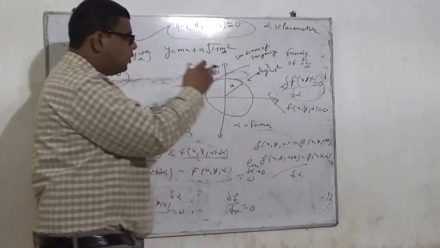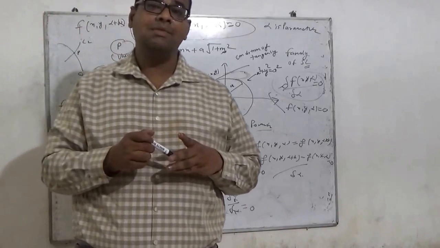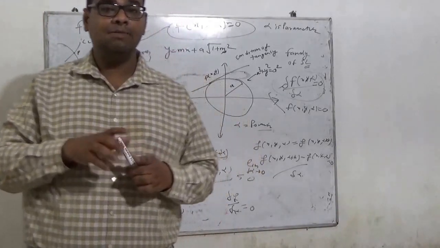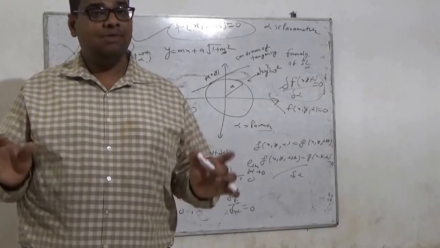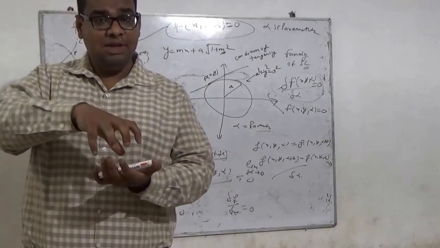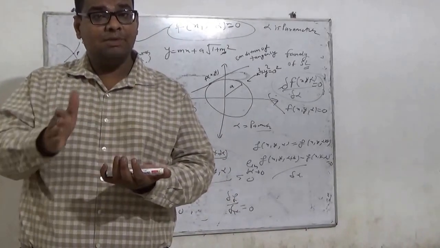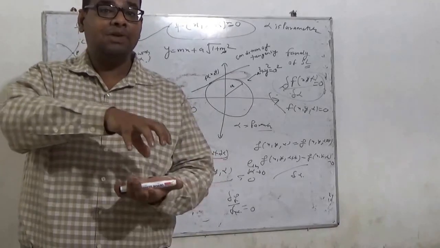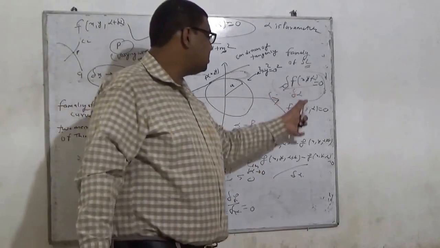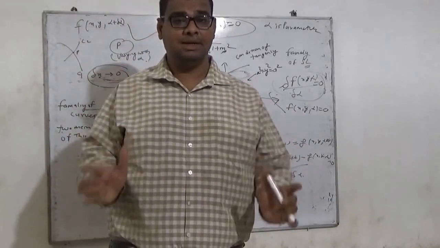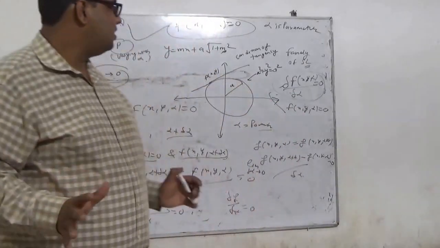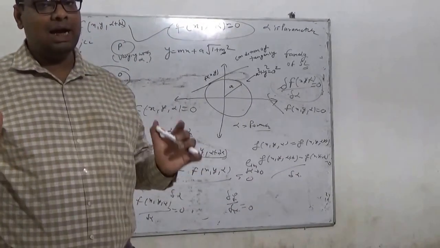When we solve both equations, we will get the envelope equation. First, we do the first derivative with respect to alpha, and we get an equation in terms of x and y with alpha. After that, we solve that equation with the given family of the curve, and we eliminate the parameter. This is the basic method to find the equation of the envelope.